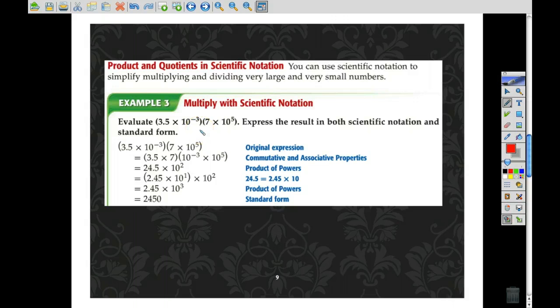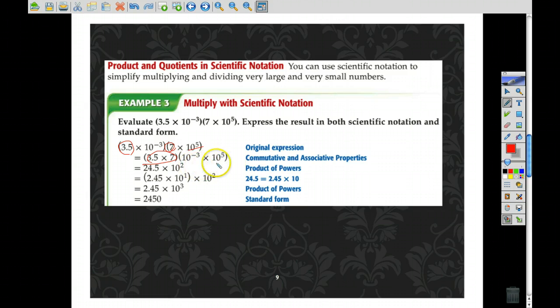Okay, welcome back. Now, when we're multiplying or dividing in between scientific notation forms, you can use simplifying before you do anything else. So, for example, if they want you to multiply these large numbers, then you can actually make it simpler by doing 3.5 times 7 first, and then 10 to the negative third power times 10 to the fifth power.